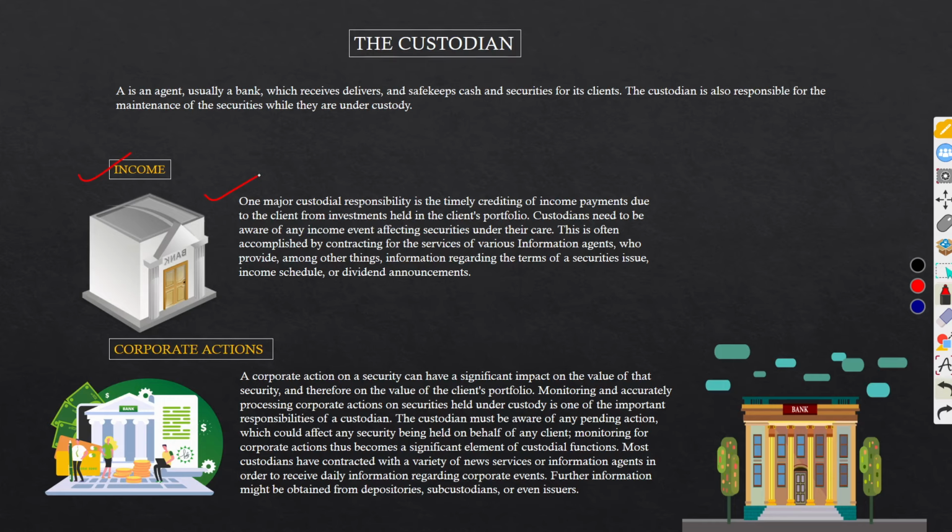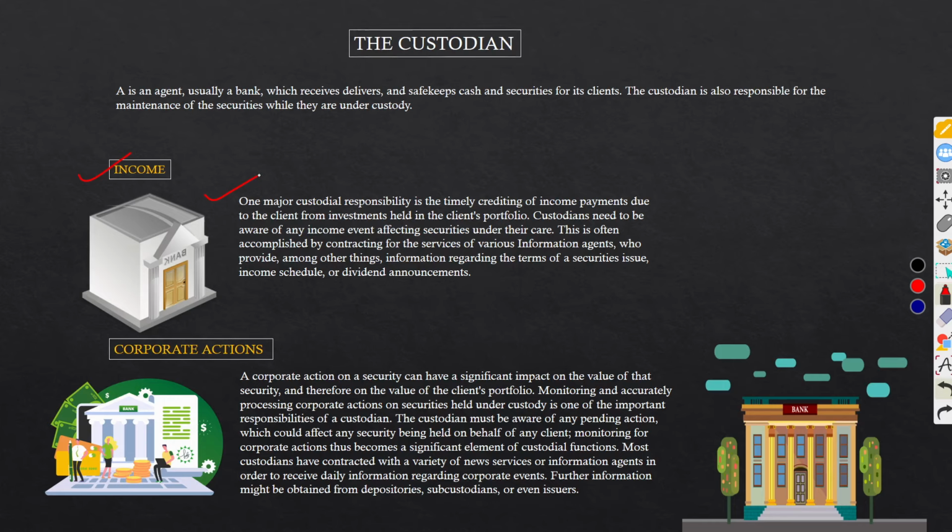So, in short, custodians work as an agent and they collect income. Custodians collect taxes on behalf of the government. They can also collect interest payments and dividends on behalf of their clients. Additionally, a custodian can also process income, dividends, or any other events. If clients want to process, they can, because custodians hold the securities information, so they can easily process income distributions or any dividend events.